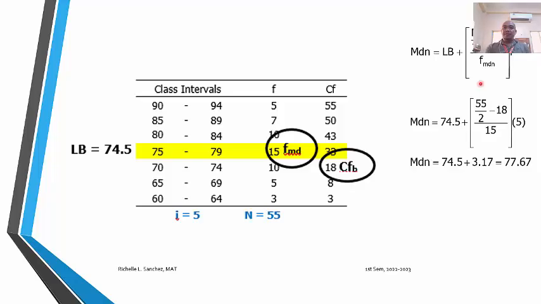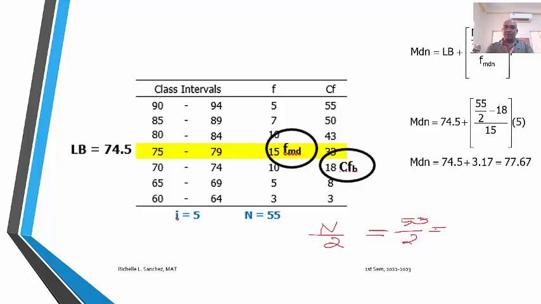Before we can identify the median class, we have to compute the n over 2. So we now compute the n over 2 so that we can identify our median class. So what is n over 2? n over 2 is equal to 55 divided by 2.